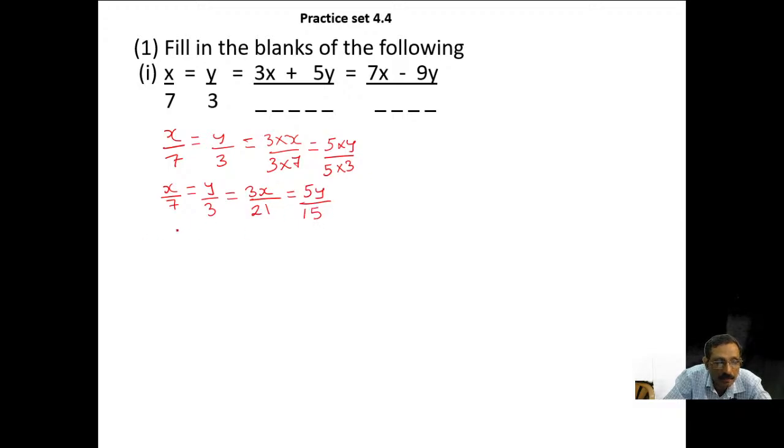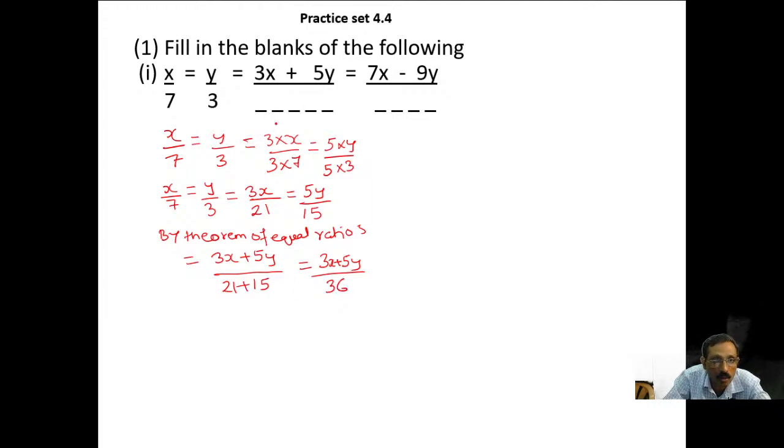Now let me use the theorem of equal ratios. By the theorem of equal ratios, what I am going to get is 3x plus 5y upon 21 plus 15, which is equal to 3x plus 5y upon, now 21 plus 15 gives me 36.